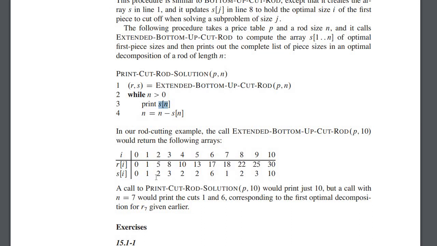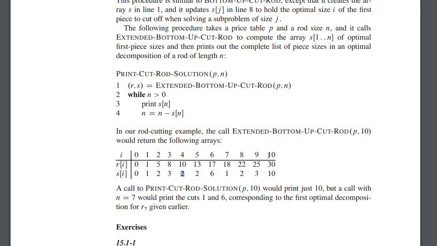So if we have a rod of length 4, we will get the maximum price with the help of R as 10 units, and what shall be the number of pieces? We will get pieces of size 2 each.